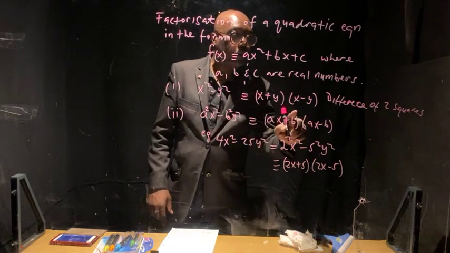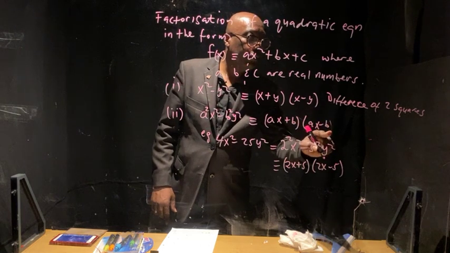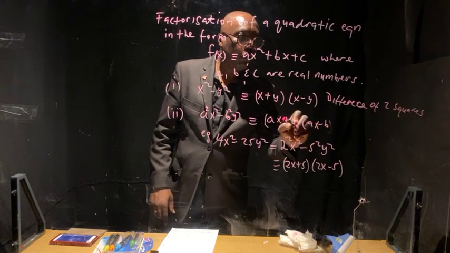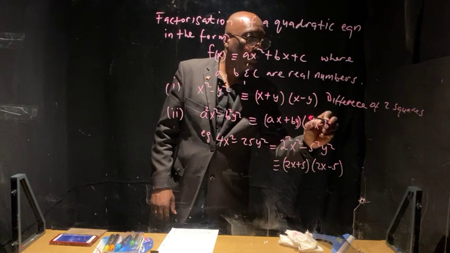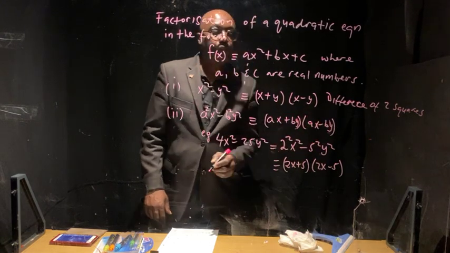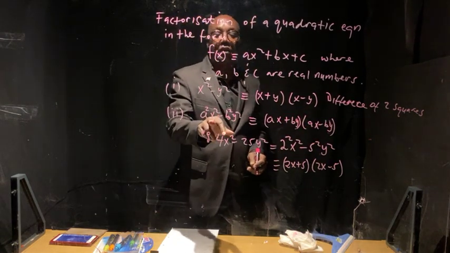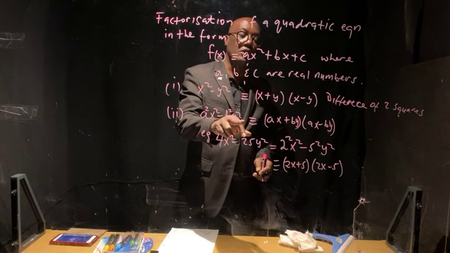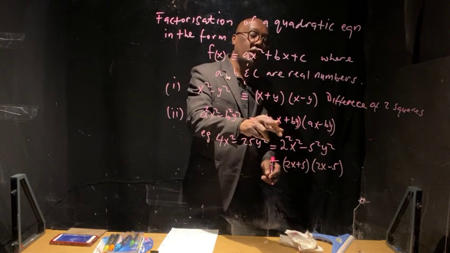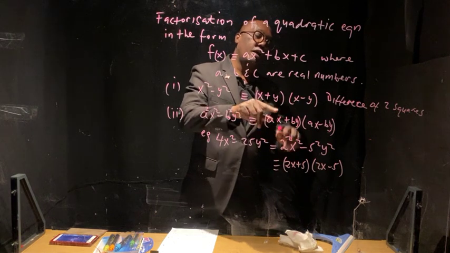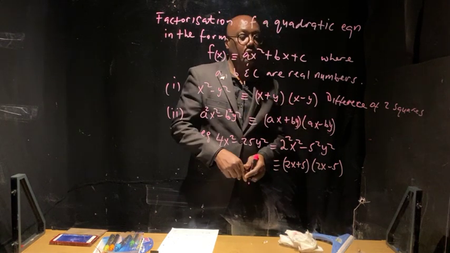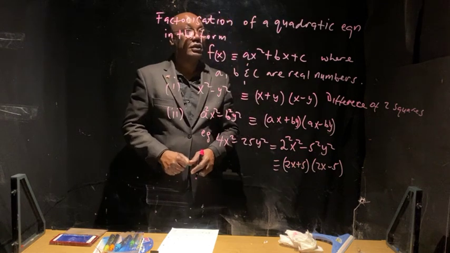So this one becomes by. Yeah, a squared x squared minus b squared y squared is not different from ax plus by in the bracket multiplied by ax minus by in the bracket. Take your time to copy.